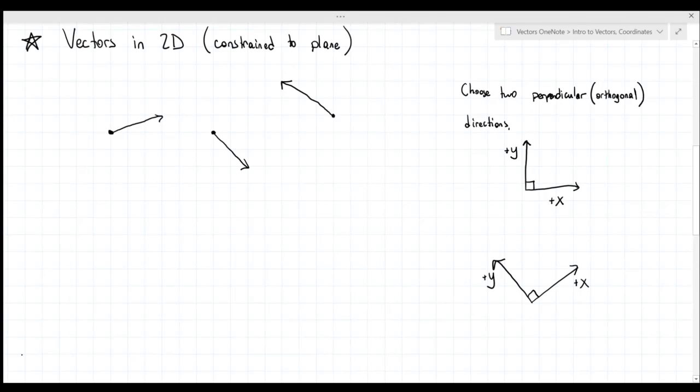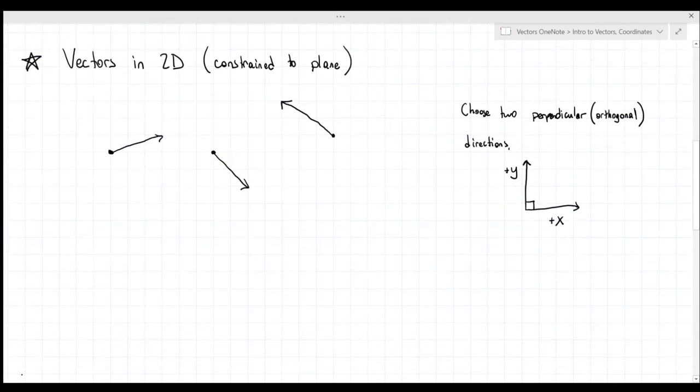But for this workshop, I'm mostly going to be following the usual convention that right will be the positive x direction and up will be the positive y. Okay. All right. I'll also say real quickly, you don't have to choose 2 perpendicular directions. In theory, you could use two directions which are not perpendicular, but I'm not going to be doing that in this workshop.